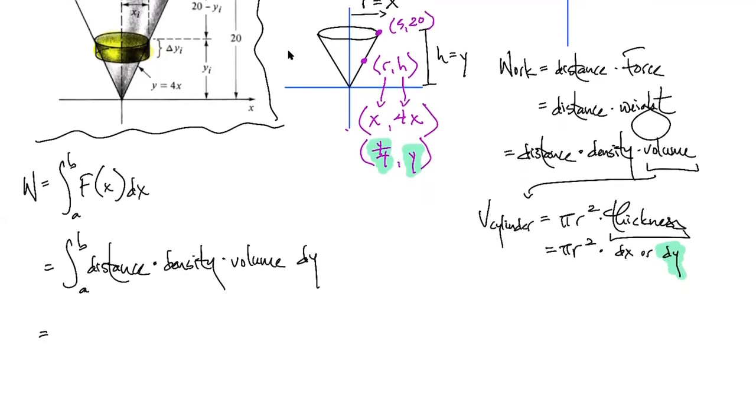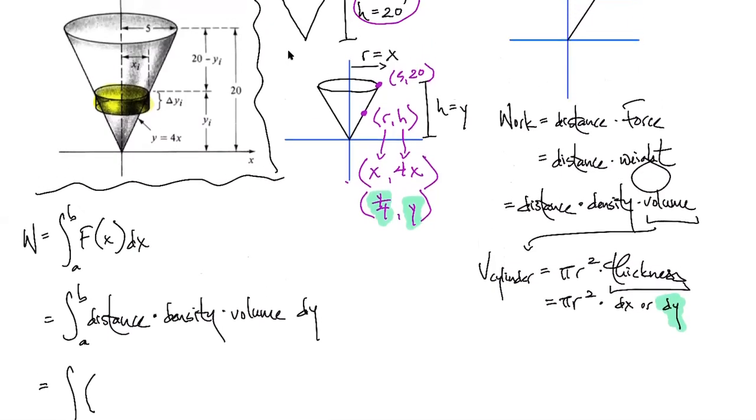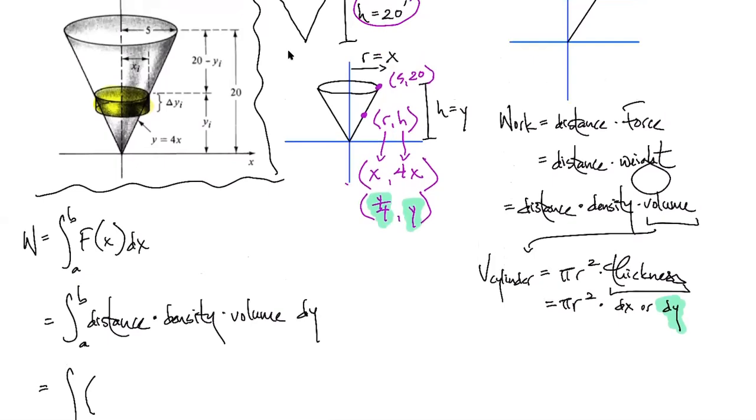Now, our job is to fill in all the different numbers, okay? So I'm going to say that our distance is how far the water needs to travel, okay? And so the distance that the water needs to travel, it needs to go up to this 20, right? So if I said distance is the y value, that would just be telling me how much is left in the tank. That's what a y value would represent.